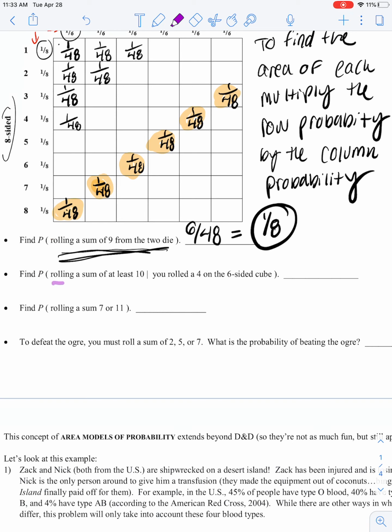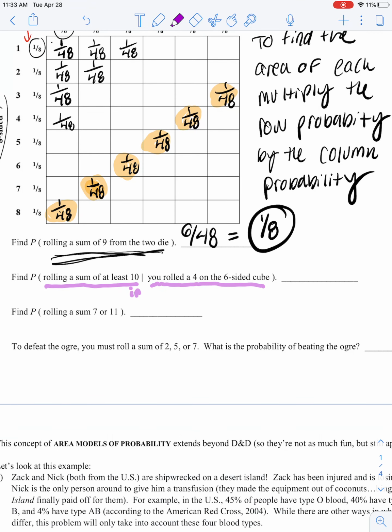Find the probability of rolling a sum of at least 10, given that you rolled a 4 on the 6-sided cube. So we have two things going on here. So we need to find the intersection between these two events. Let's break this down.